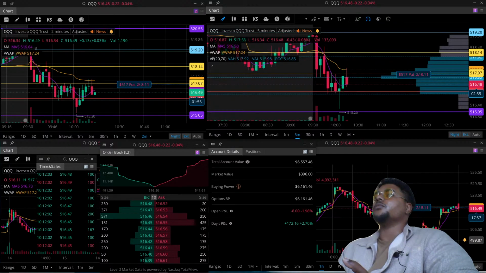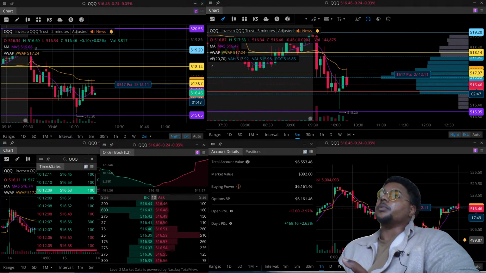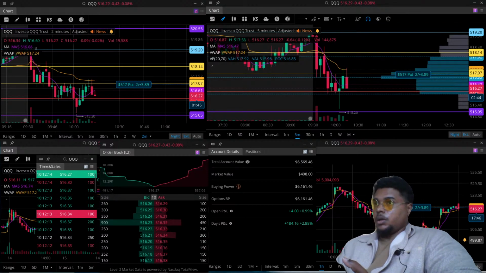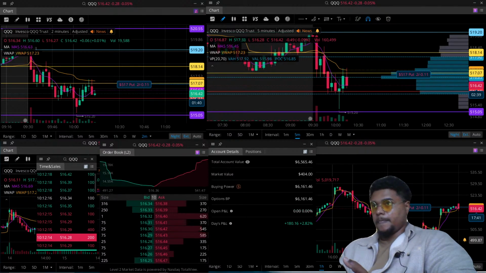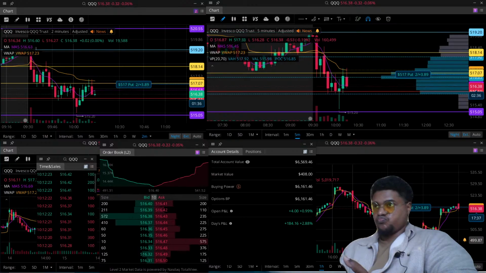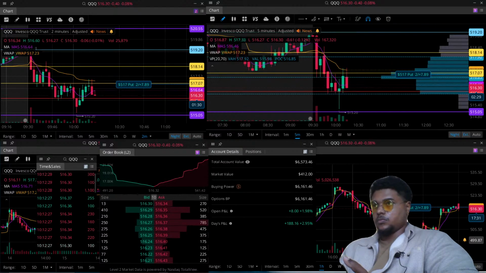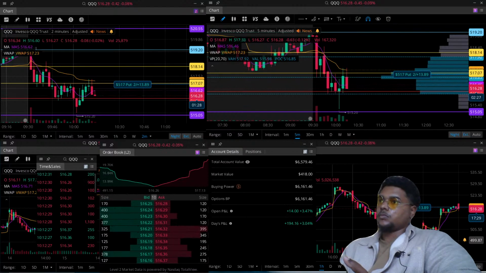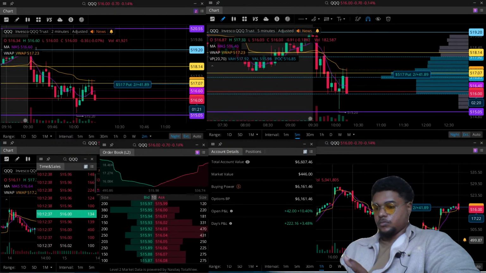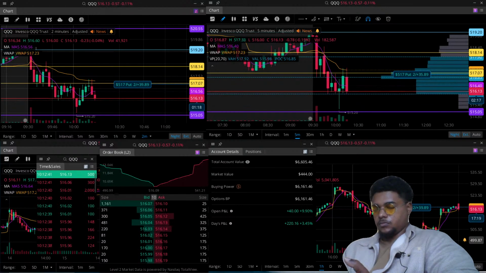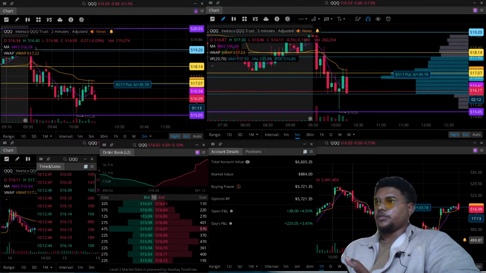Up a little bit, but then I feel like it's gonna keep going down. Maybe a double bottom. So I'll take profit at that purple level again. Alright, just added two more contracts.